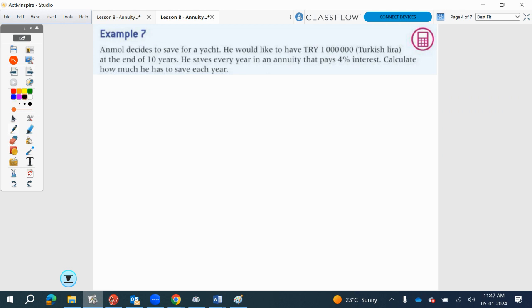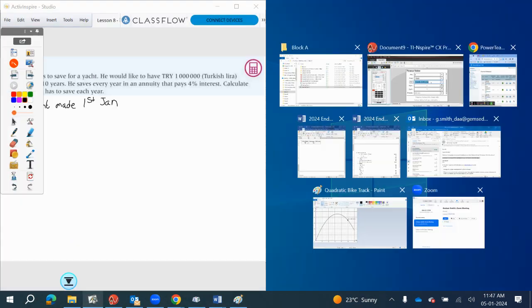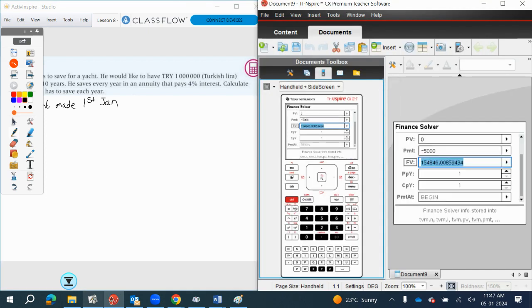So let's say that the payment is made on the 1st of January, so we're going to go to the beginning of every year. Let's see if we can work this one out with our finance solver. Have a go for yourself to begin with.